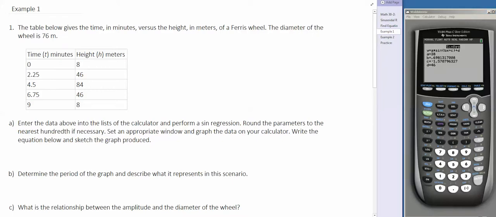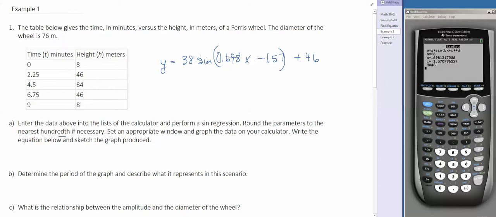I have y is equal to 38 times the sine of b, 0.698 x minus 1.57, plus 46.